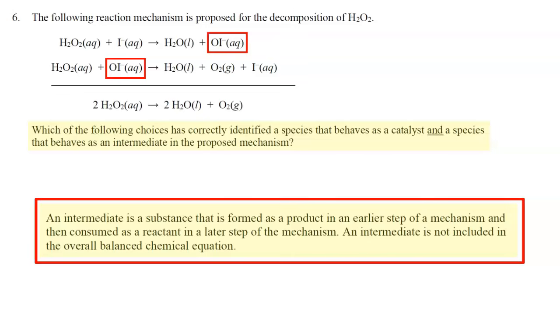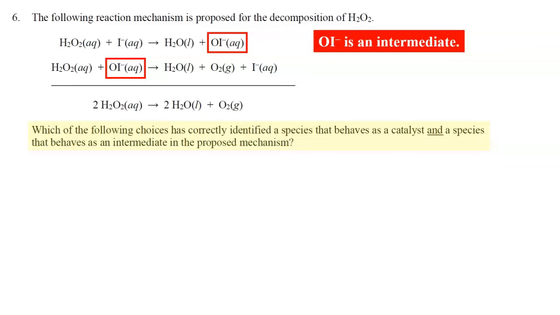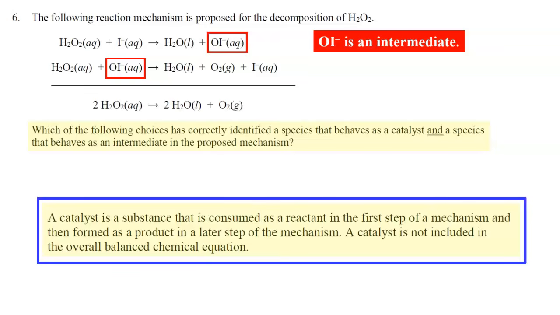So the hypoiodite ion, or OI-, is classified as an intermediate. And then I see the iodide ion, or I-, is consumed as a reactant in step 1, and then iodide, or I-, is formed as a product in step 2. So in this mechanism, the iodide ion is classified as a catalyst.